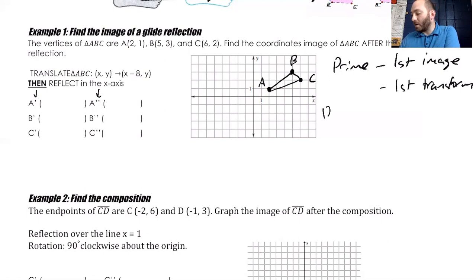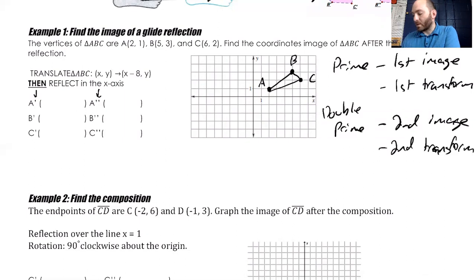The double prime is my second image, and that means that's my second transformation. If you see the double tick marks there, that is double prime. That is the second step in the process. So if I start with the pre-image, it leads to the first image, prime. Then that means prime is the pre-image for the double prime.